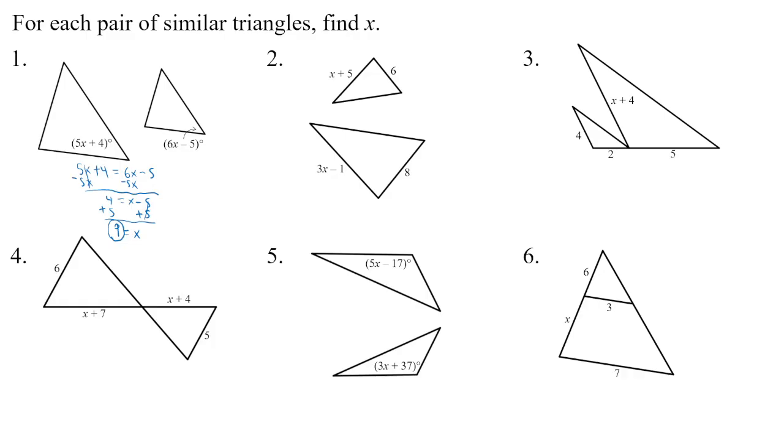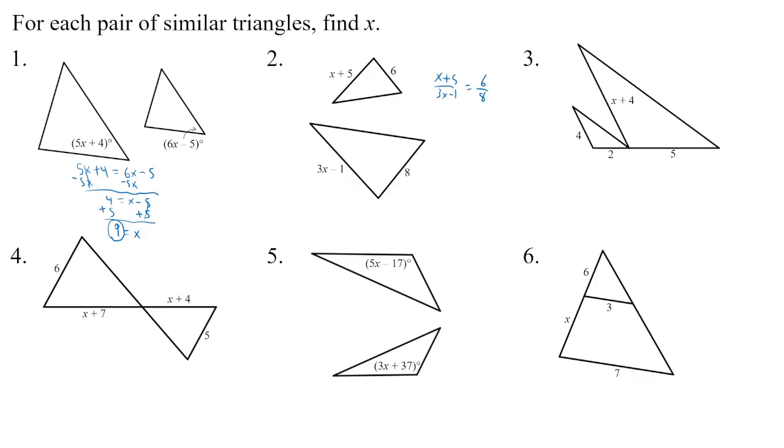For number 2, we have a triangle whose sides are x plus 5 and 6, and 3x minus 1 and 8. Well, they're similar. Their sides are proportional. That means that x plus 5 over 3x minus 1 equals 6 over 8.